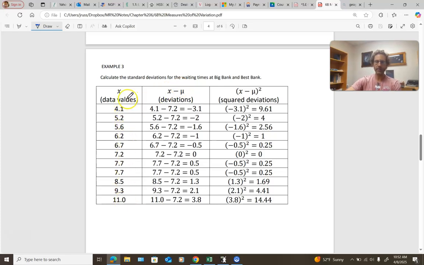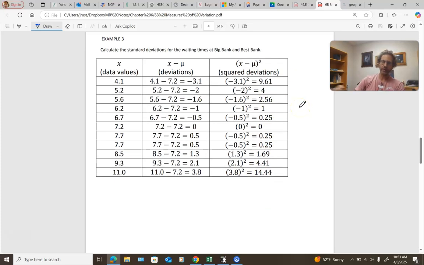So if you were doing this by hand, what you would do is you would find all the individual deviations. So you would take each data value and subtract from it the mean. And if you recall, the mean in that data set was 7.2. So you get some negative deviations, you get some positive deviations, and then you square all of those. And when you square them, you get all these positive numbers.